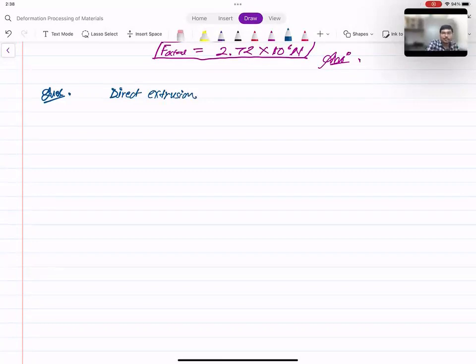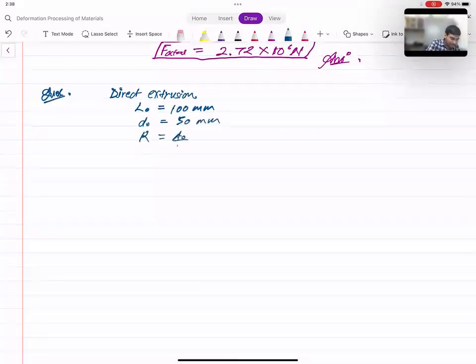Okay. And we are given the initial length, initial diameter of the workpiece, and also the extrusion ratio. Okay. So L naught is given as 100 mm. D naught has been given as 50 mm, and the extrusion ratio R, which is nothing but A naught over AF, has been given as 4.